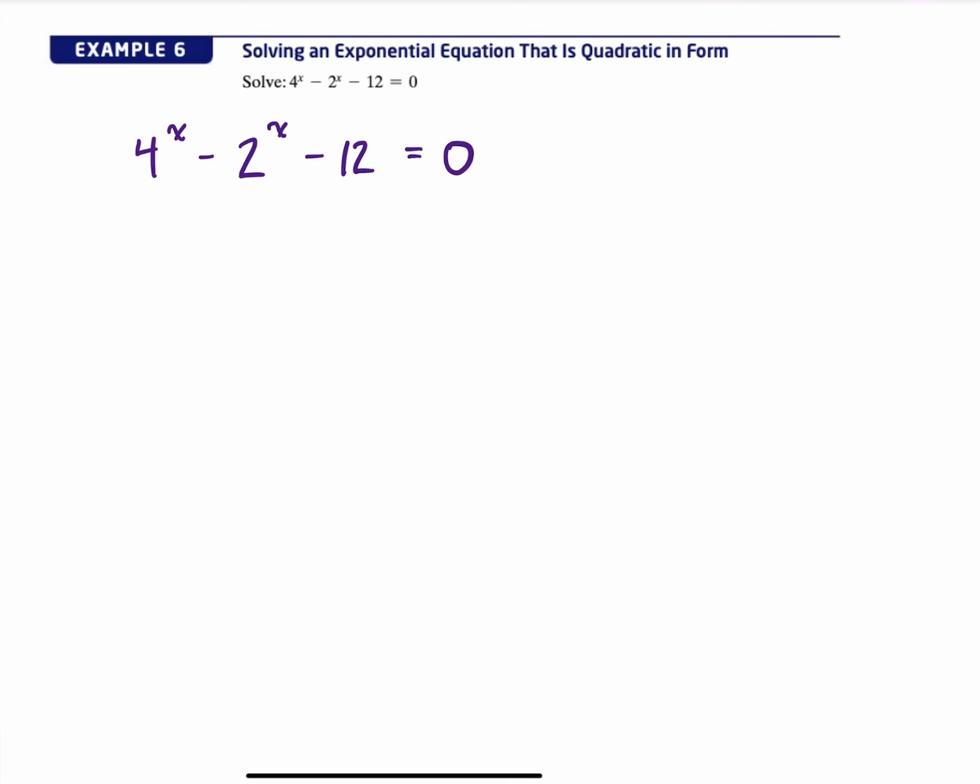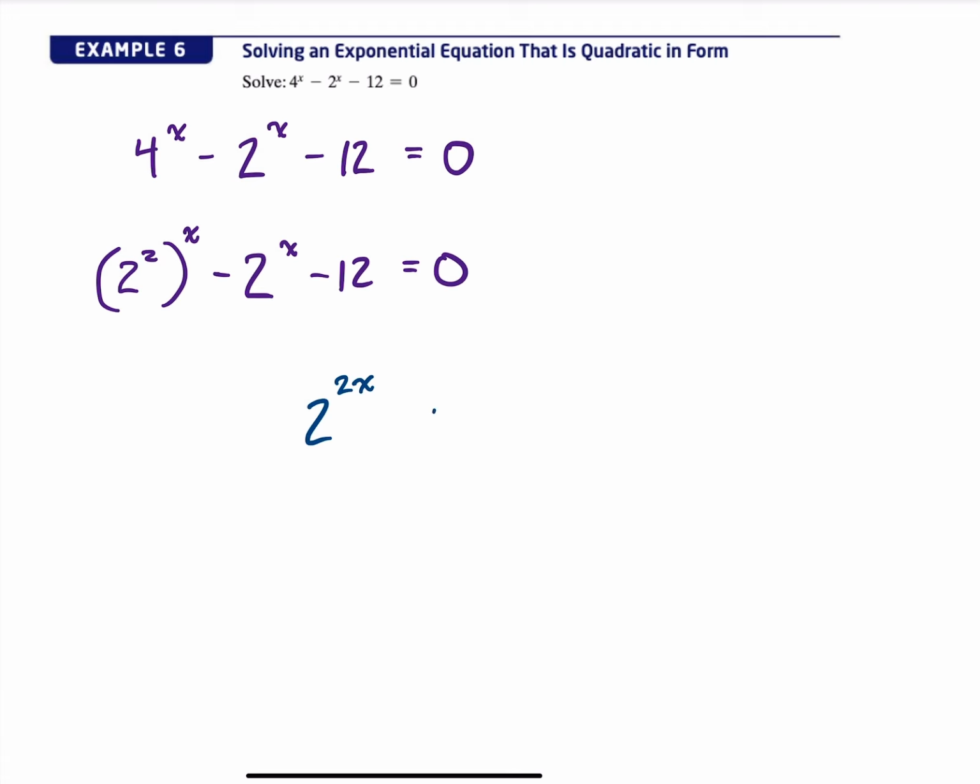Before we've kind of played this game of trying to get the same base. And we know that 2 squared is 4. So we can write that 4 as 2 squared to the power x minus 2 to the power x minus 12 equals 0. And we can trade these places, like this would be 2 to the power 2x.